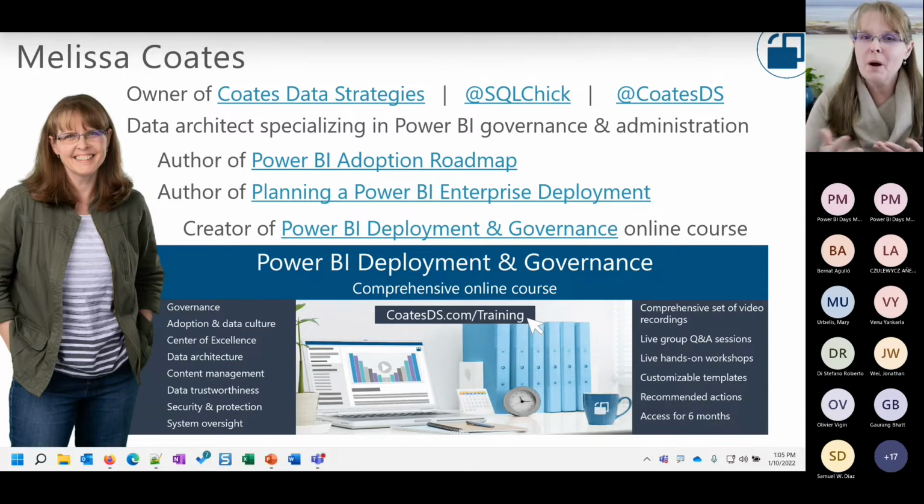We're going to talk about one of them, which is the Power BI Adoption Roadmap. There's also a thing called planning a Power BI enterprise deployment. And very exciting, that is something that we're actively working on updating right now.